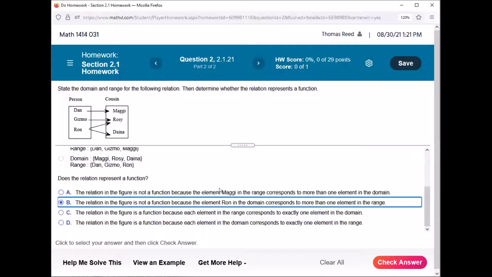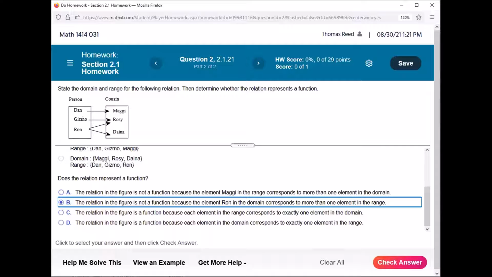Is not a function because Maggie has more than one element? No. We're not worried about whether the elements in the range have more than one.